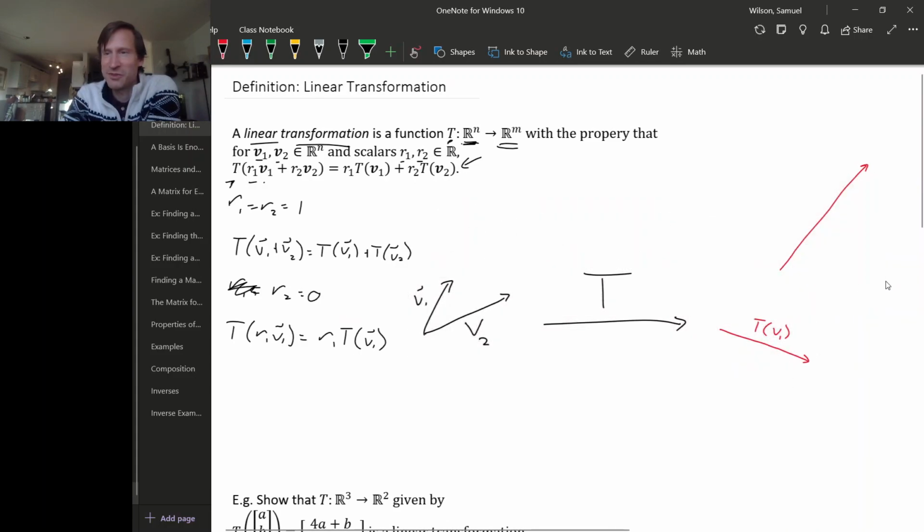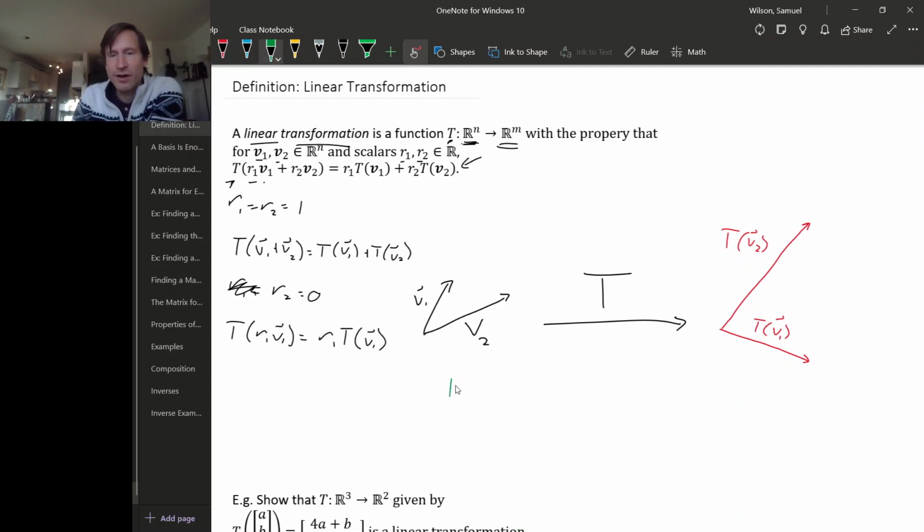Okay, so suppose this second red vector is T of v2. Well, what makes this a linear transformation is that if you add these two vectors over in Rn, you add vectors geometrically by laying head to tail.